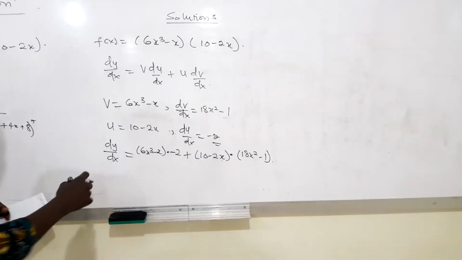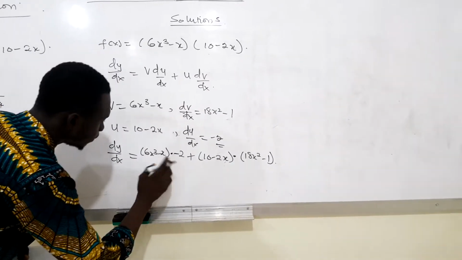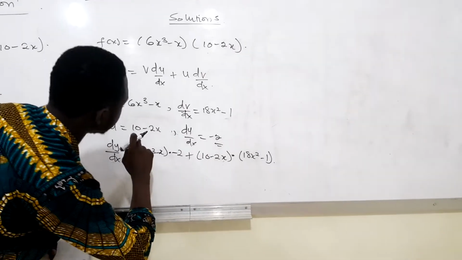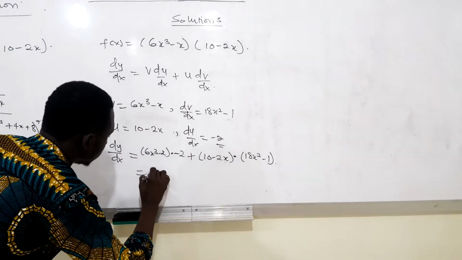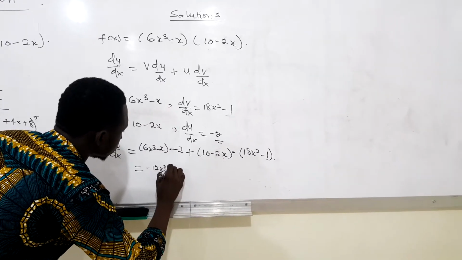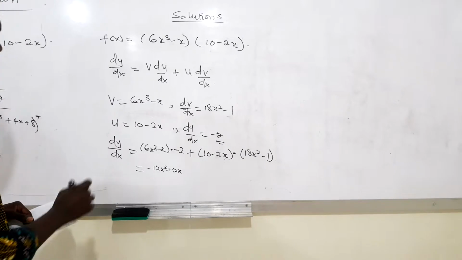We can multiply this one through, giving us some expression like minus 12x cubed plus 2x.